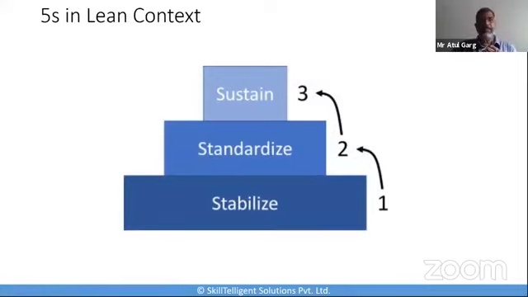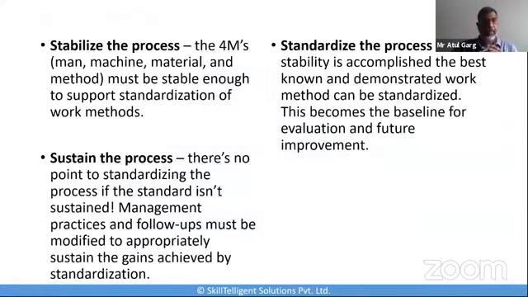Now, when we look into the 5S, in the overall lean context, 5S basically helps in stabilizing the process, standardizing it, and even sustaining the process through its 5 S's. We will examine each of these steps very quickly in one slide. So the 4 M's, the famous 4 M's: man, machine, method, and material. These are the core of any manufacturing. They have to be stable enough to support the standardization of the work method.